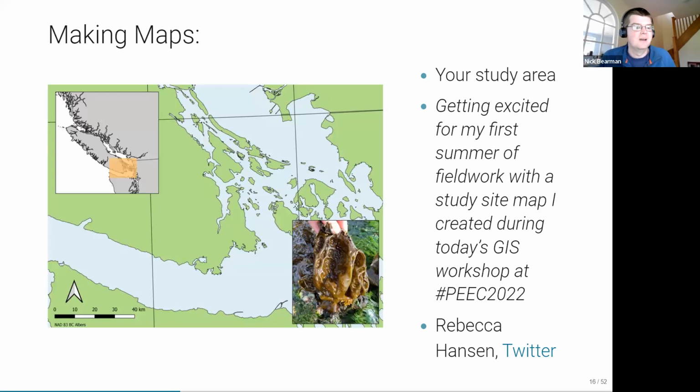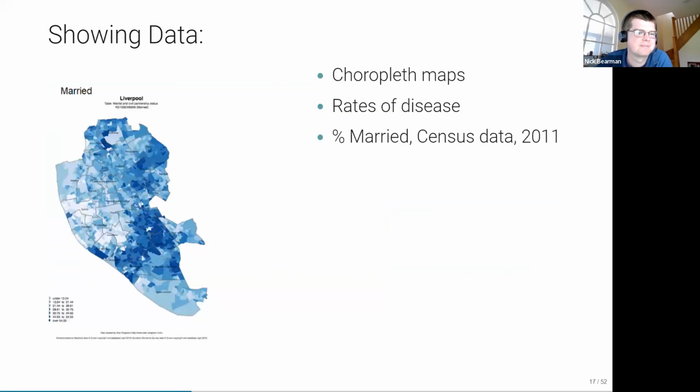It's really, really useful. This is a lovely example someone posted on Twitter. So Rebecca Hansen, she was doing a GIS workshop at a conference, and she did this map to show where she's working and what she's looking at. And this is a great way of getting into GIS to show what you're doing and where you're doing it.